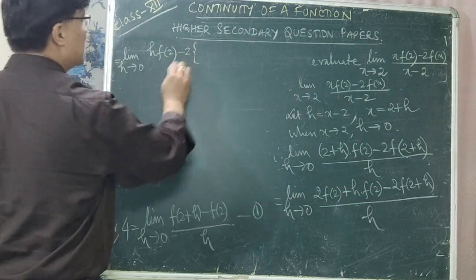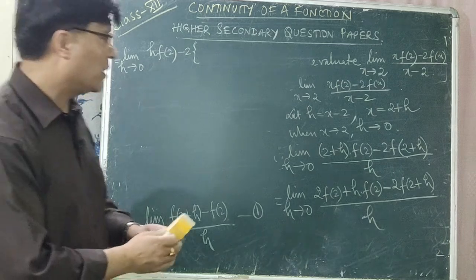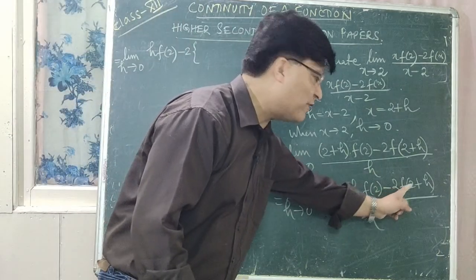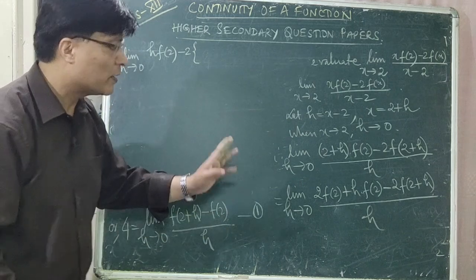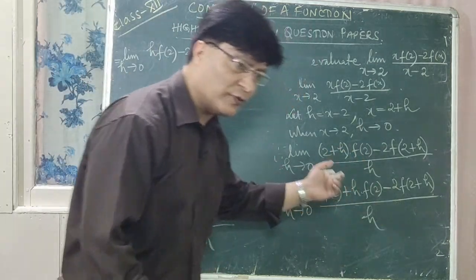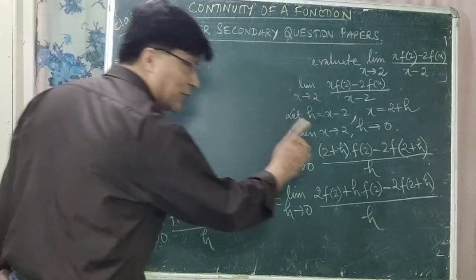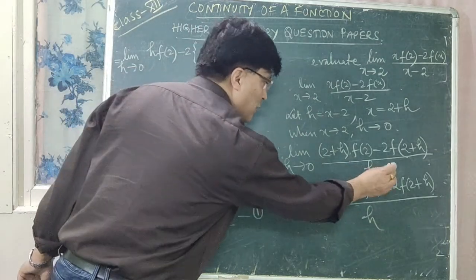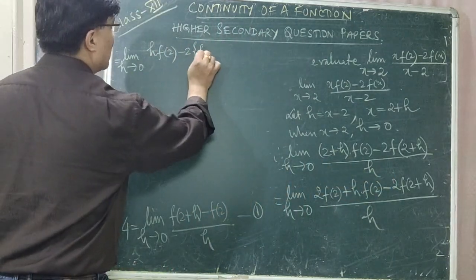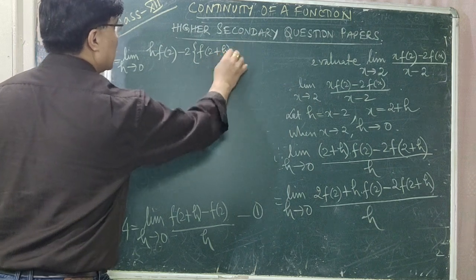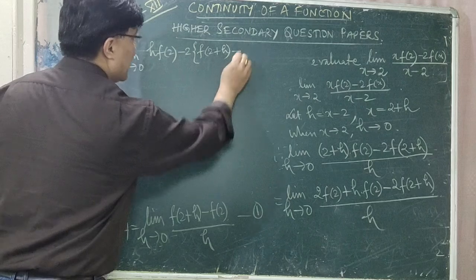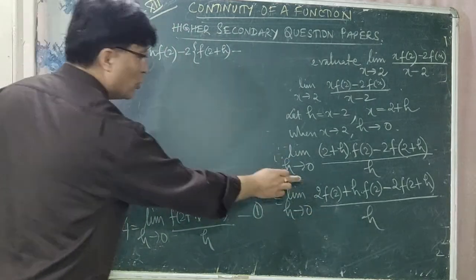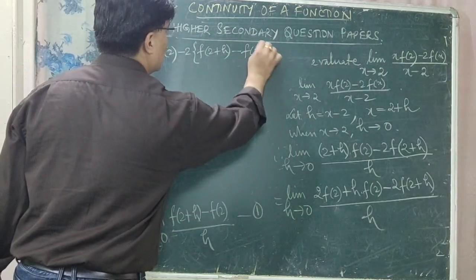Minus 2. Why are we taking minus 2 as common? Because we write first f of 2 plus h, because we have got the value for f of 2 plus h minus f of 2. So that's why we are writing minus 2 first here. So minus 2 within the second bracket, you write down the third term first, f of 2 plus h. Since minus 2 is common here, minus into plus h, and here also 2 is common, so only f of 2 remains.